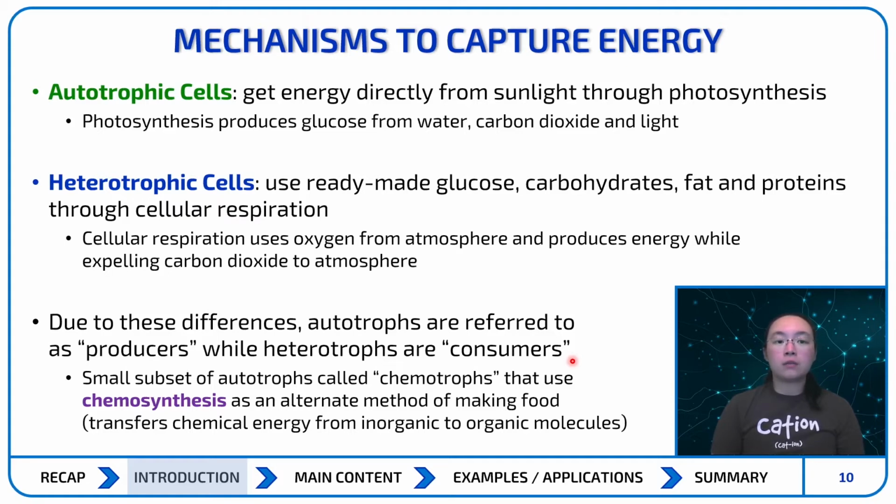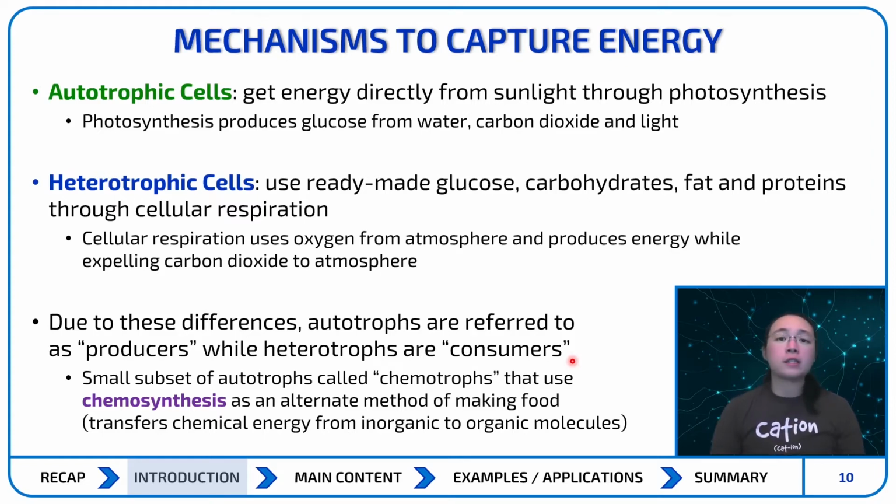Heterotrophic cells, they use readily made glucose, carbohydrates, fat, and proteins through cellular respiration. And cellular respiration uses oxygen from the atmosphere and produces energy while expelling carbon dioxide back to the atmosphere. Due to these differences, autotrophs are referred to as producers, whereas heterotrophs are consumers.